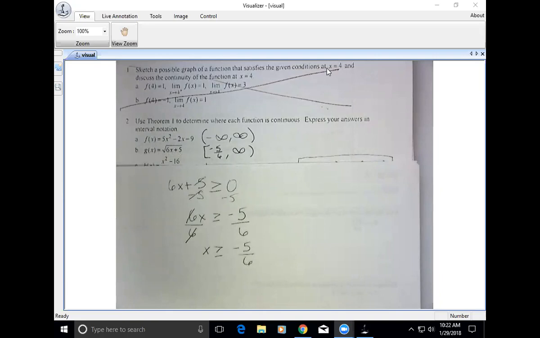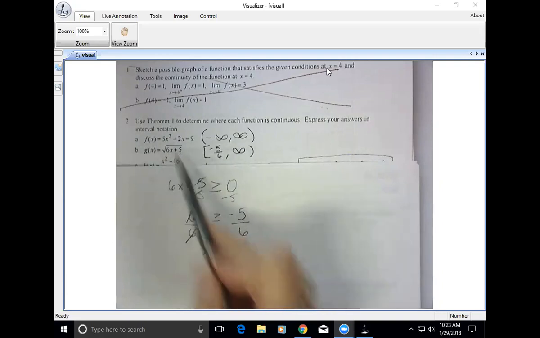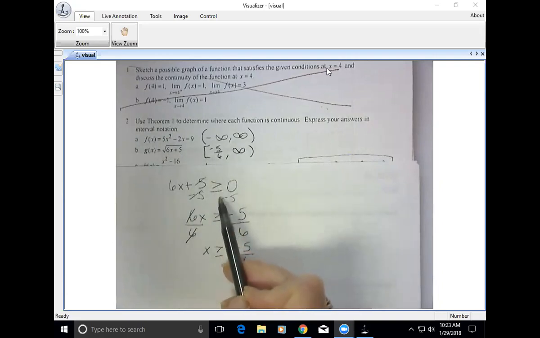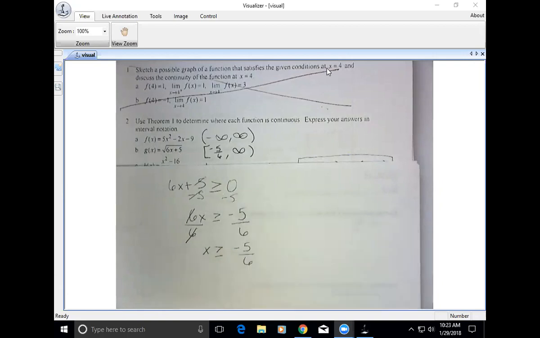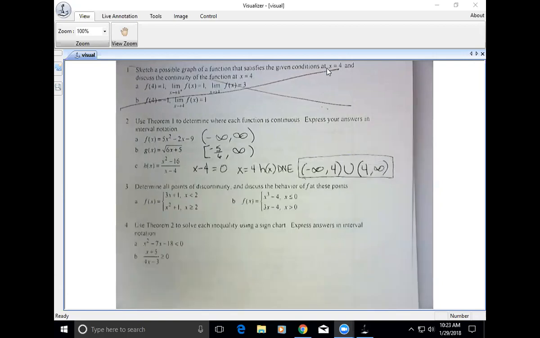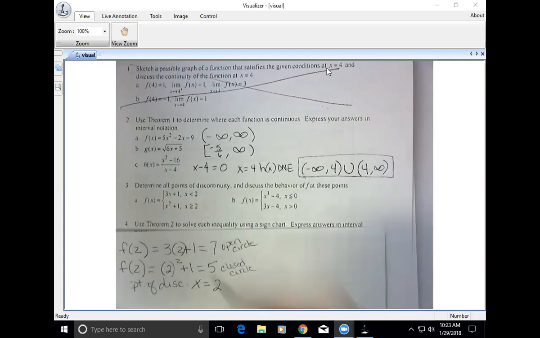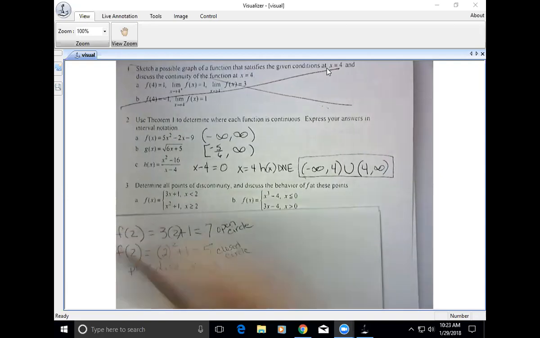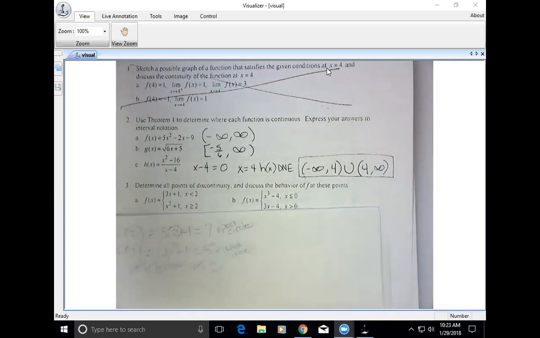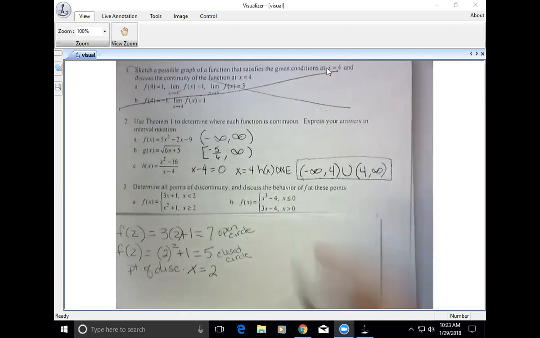Yeah, because 0 times 0 is 0, right? It said it had to be a non-negative number. And 0 is not negative. It's not positive either. It has no sign. So what was under the radical just had to be greater than or equal to 0. That's why it was closed. Okay? Good question. All right, so we have decided we had a point of discontinuity on 3a at x equals 2. Okay, let's look at 3b.